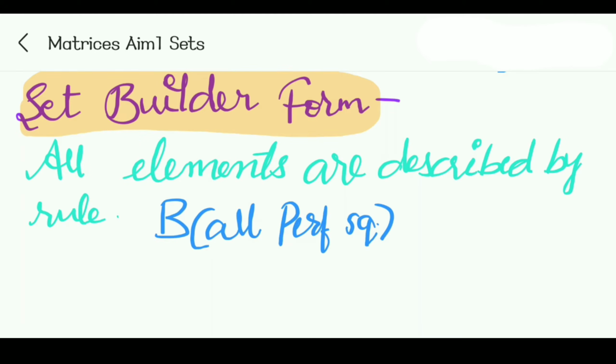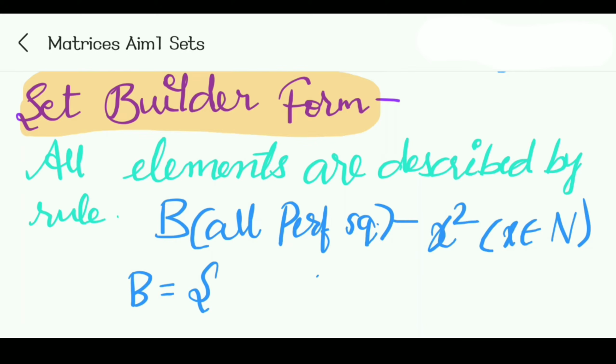So we take x square, where 1, 2, 3 are the values of x, and x belongs to natural numbers N. So B is equal to {x square / x belongs to N}, enclosed in flower braces. The slash denotes the condition given for the set builder form.